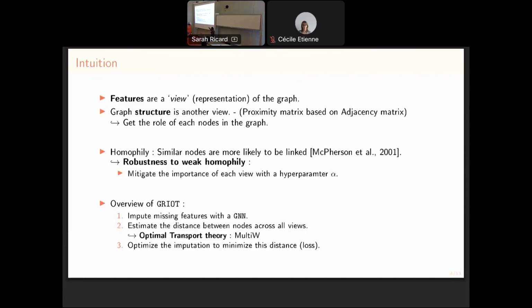And we do that using a loss function that we call multi-Wasserstein, because it will compare the distributions across multiple views. And finally, we use that function as a loss in order to optimize the GNN and start the imputation over until it's good enough, or until there is no more improvement.